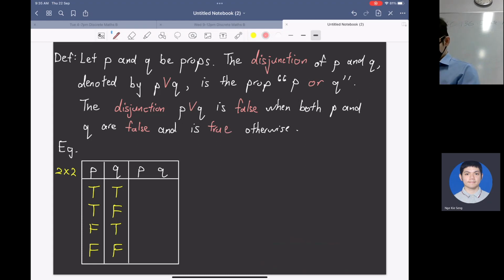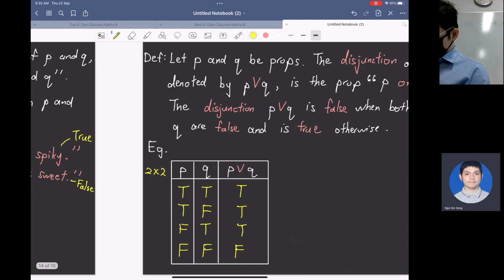So it's kind of an opposite. P true, Q true, P or Q is true. P true, Q false, P or Q is true. P false, Q true, P or Q is true. P false, Q false, P or Q is false.